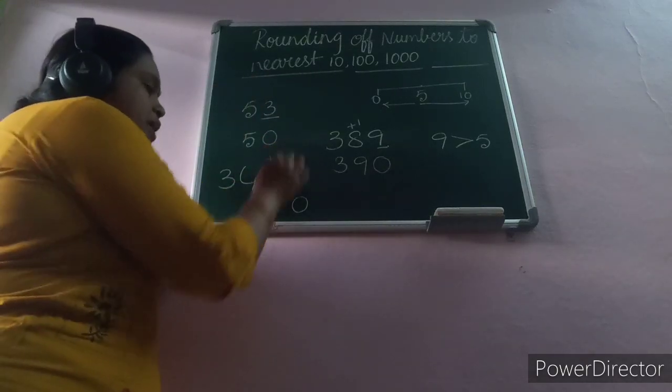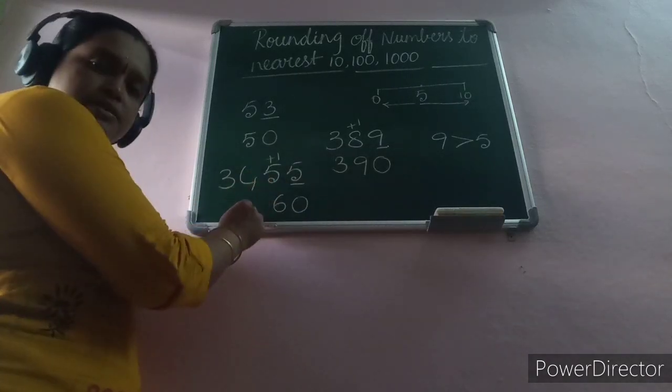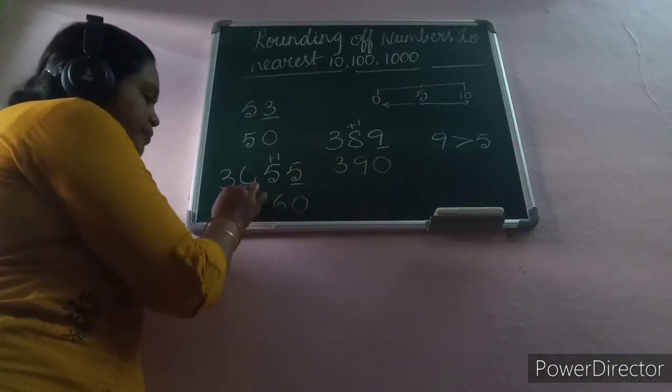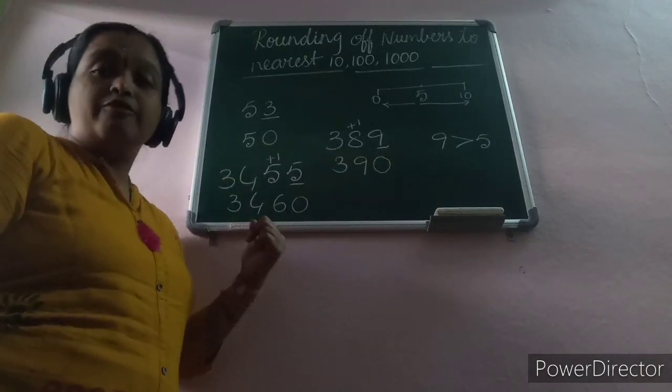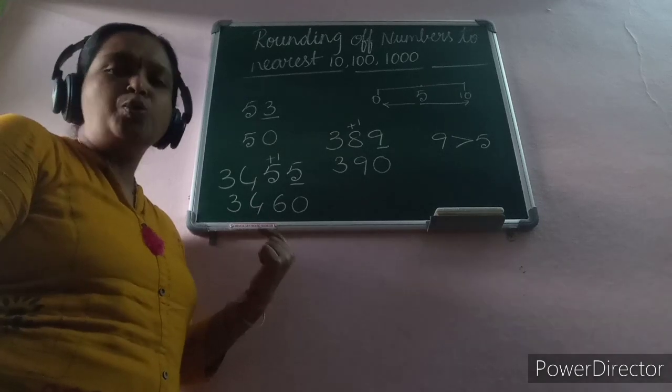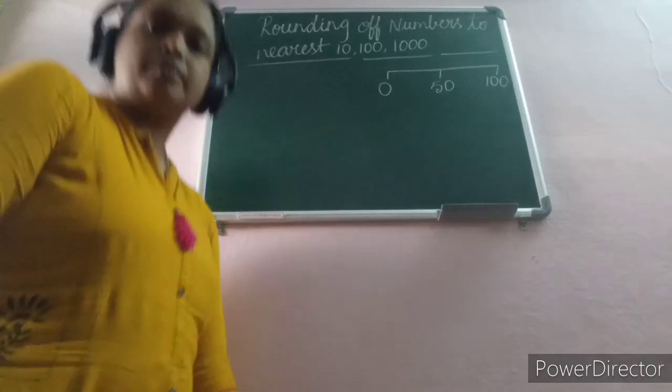So 5 plus 1 is going to be 6. And the remaining digits are going to be 4, 3. So this is how easily you can round off numbers to the nearest 10.